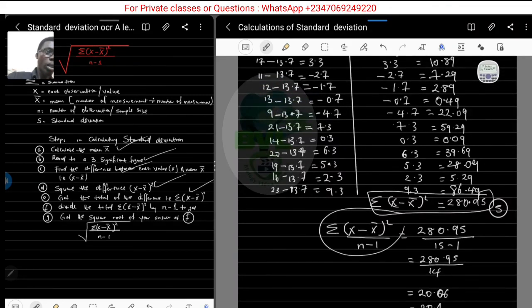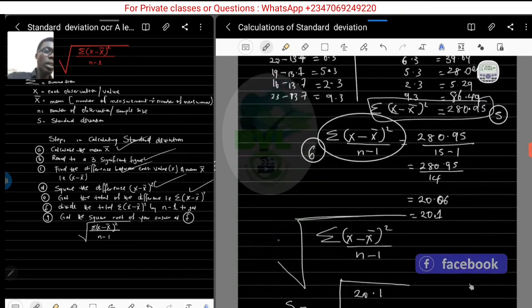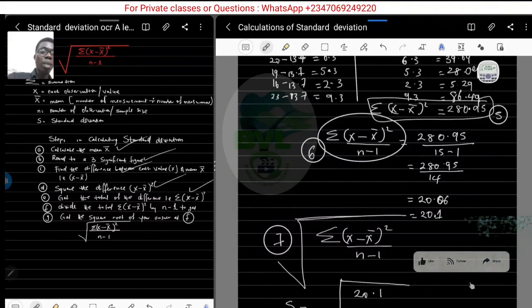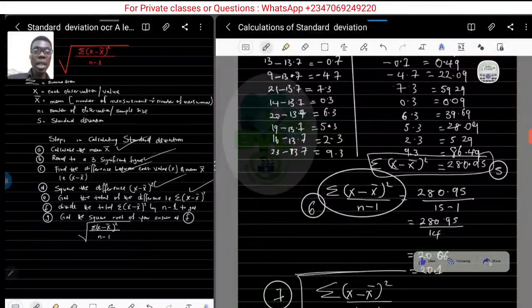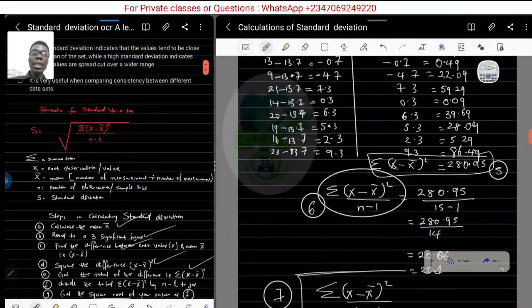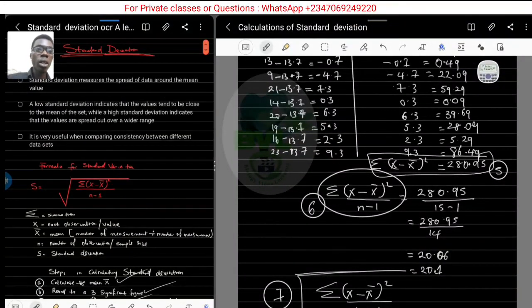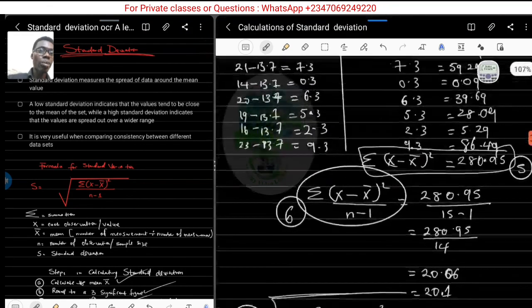Then step 7 is getting the square root. And of course, this is your final answer here. So you might want to rewind the video to go over this again, and you might still have to write these steps down on this particular page here.